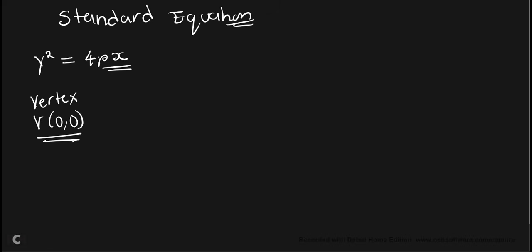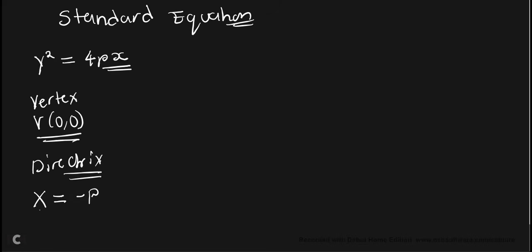Then the directrix, which is another one, will show you where the graph is. So in this situation, we have y squared equals 4p x. In short, our directrix in this situation is x equals negative p.